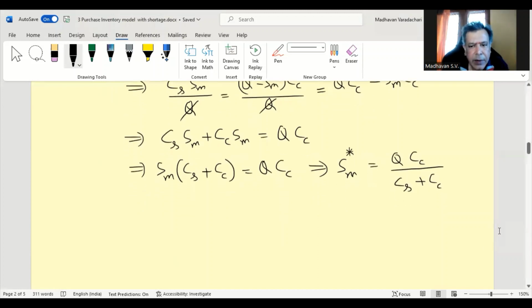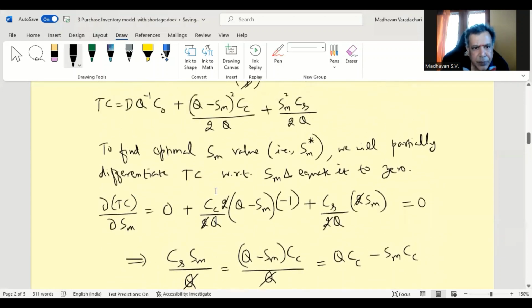Now, again, we are supposed to find out what will be the optimal order quantity or economic order quantity. Let us rewrite the total cost, which we already did here. This one: D Q inverse Co plus Q minus Sm the square Cc divided by 2Q plus Sm square Cs divided by 2Q.